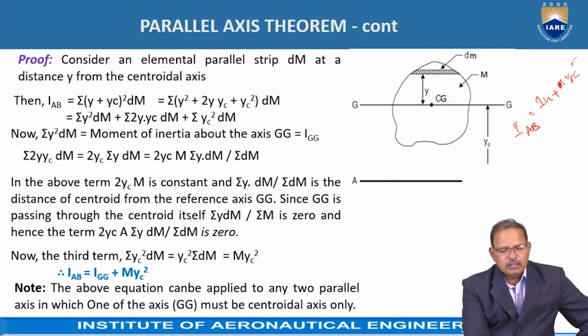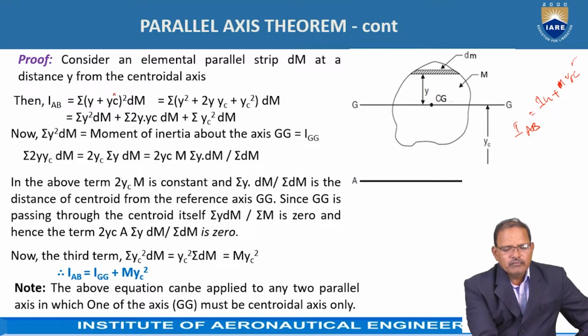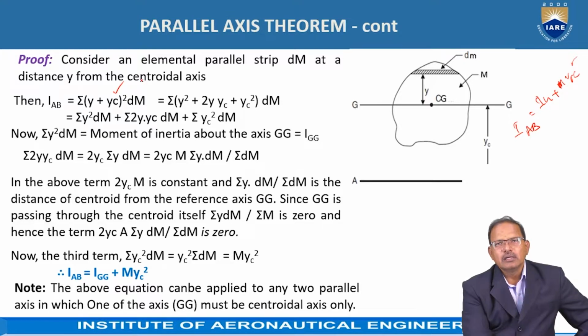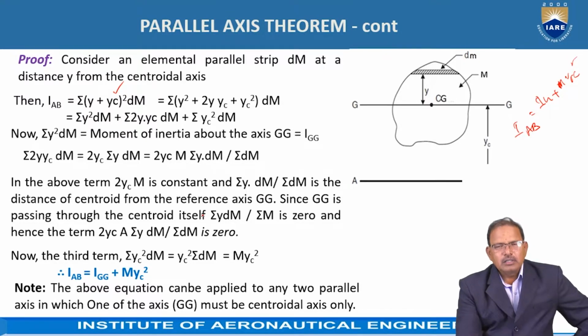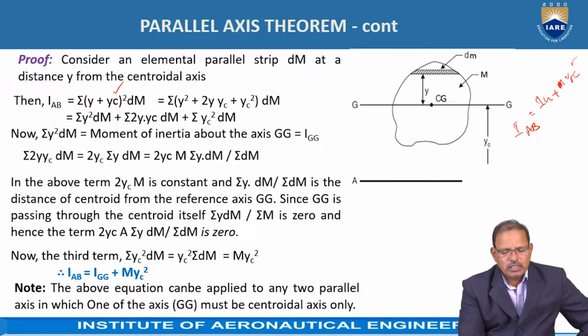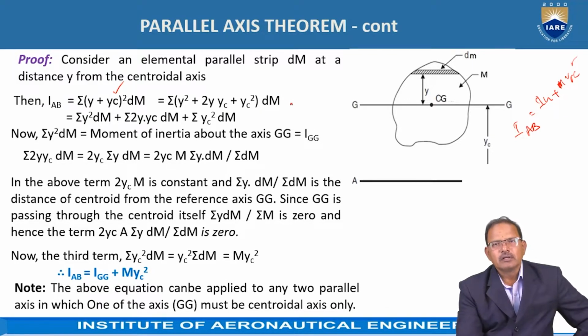That means IAB is equal to sigma of (y plus yc) whole squared into dm. Since it is in the form of (a plus b) whole squared, it can be written as sigma of (y squared plus 2 y yc plus yc squared) into dm.